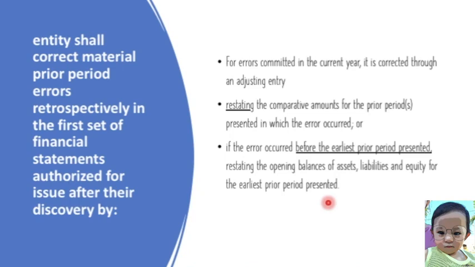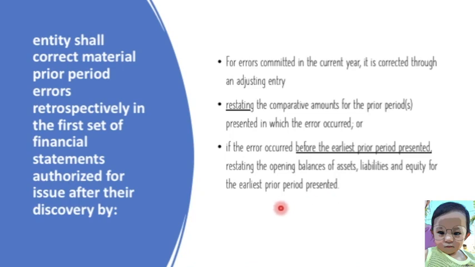Since the errors refer to items in a financial statement before that January 1, 2019, all accumulating changes will only be reflected in the beginning balance of retained earnings.